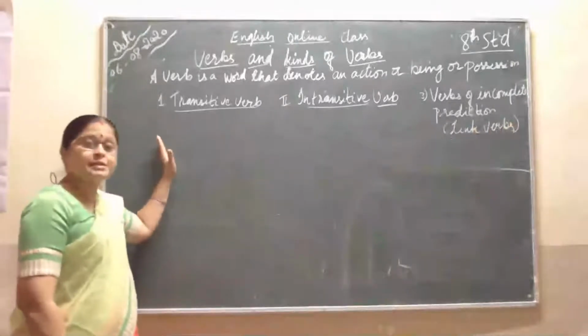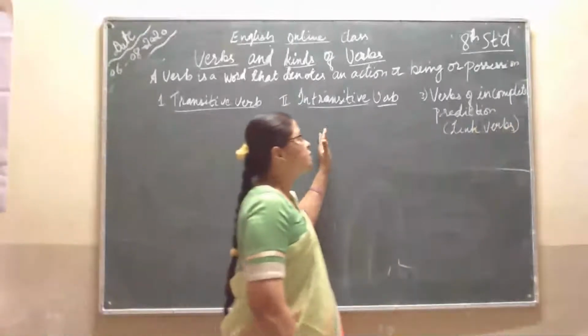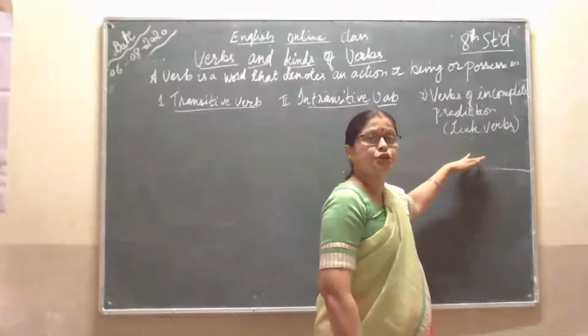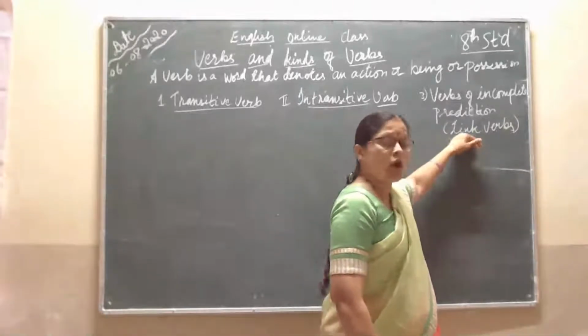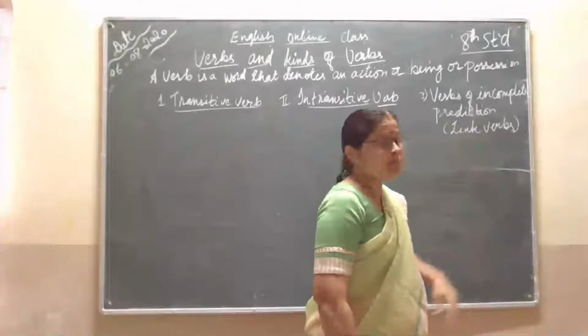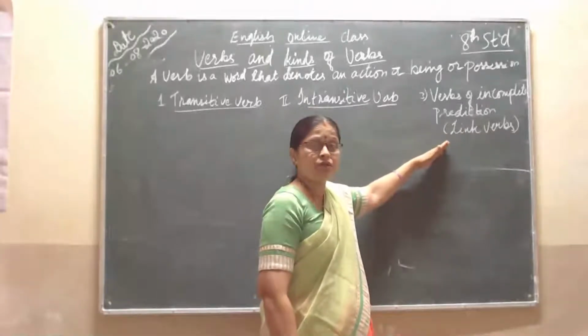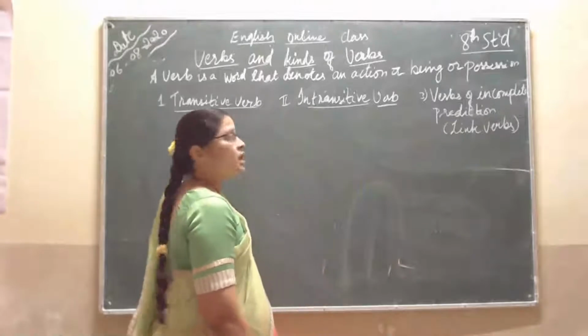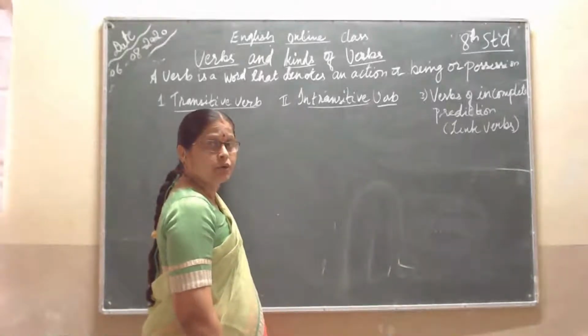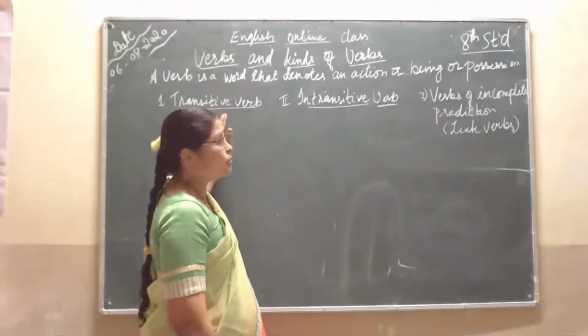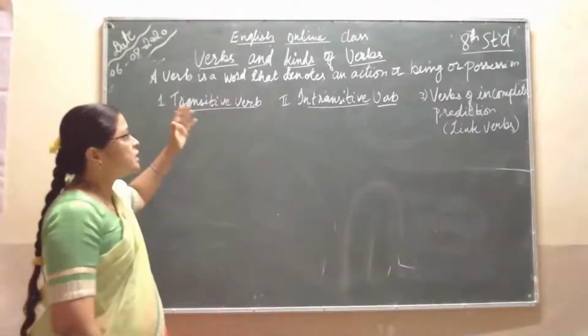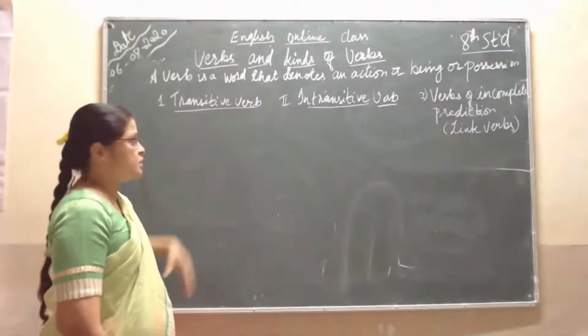So the three kinds are transitive verb, intransitive verb, and the verbs of incomplete predication, which we call link verbs. These link verbs are very few in number. We will learn about them afterwards. But first of all, we will learn about the transitive verb. Among the three kinds, the first one is the transitive verb.